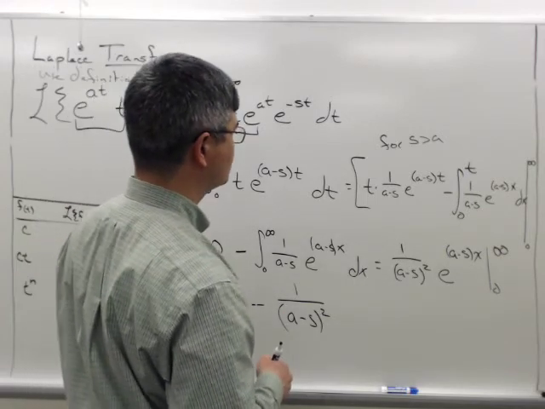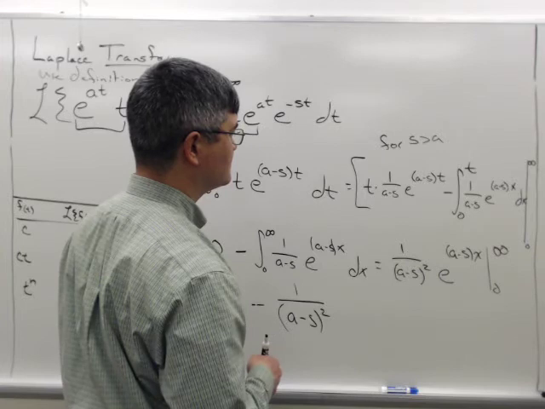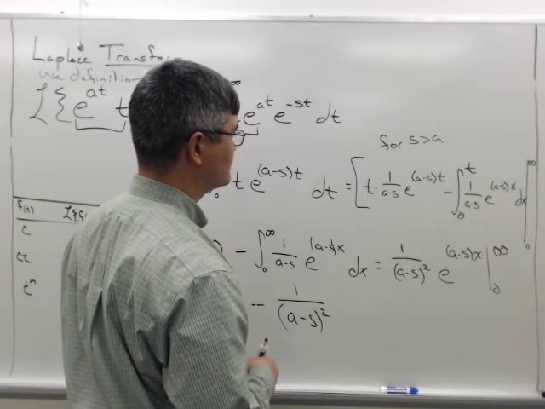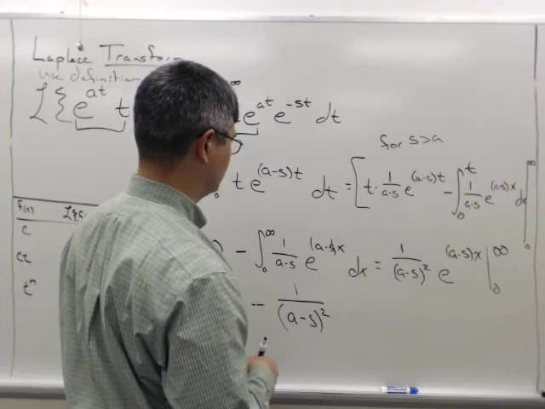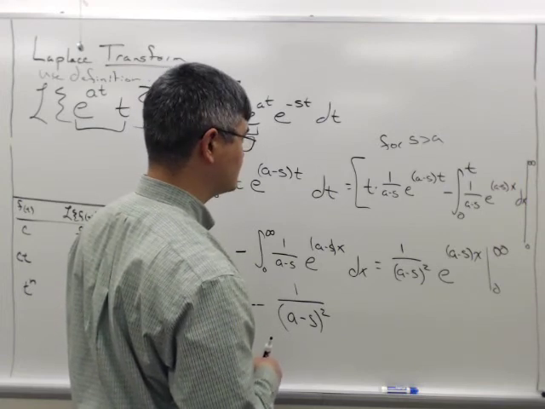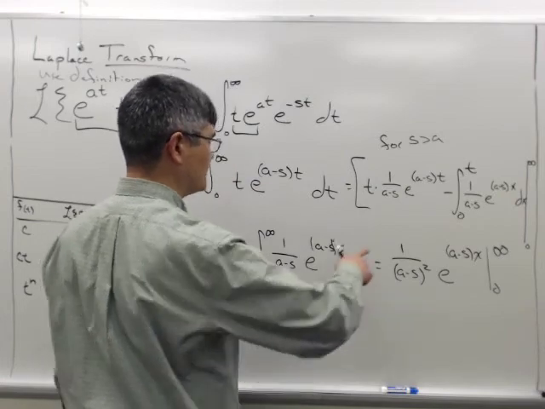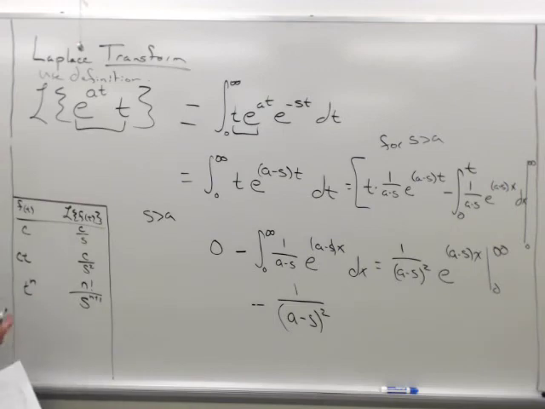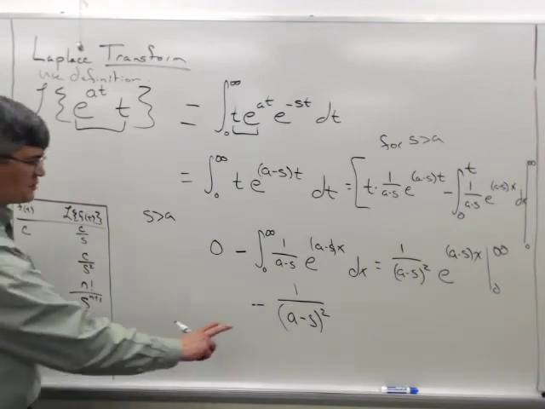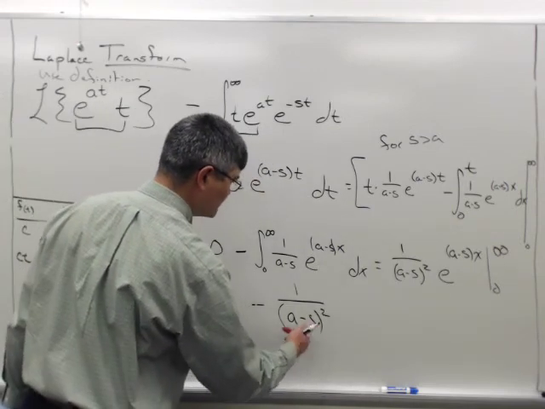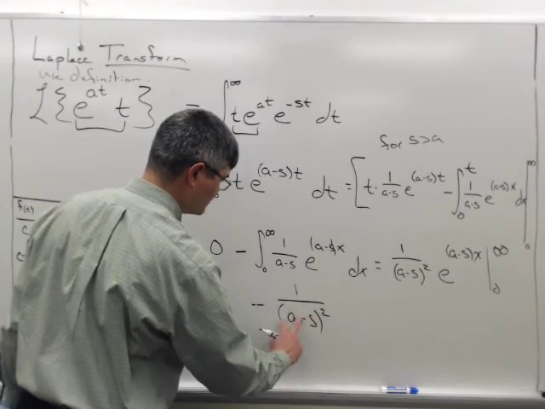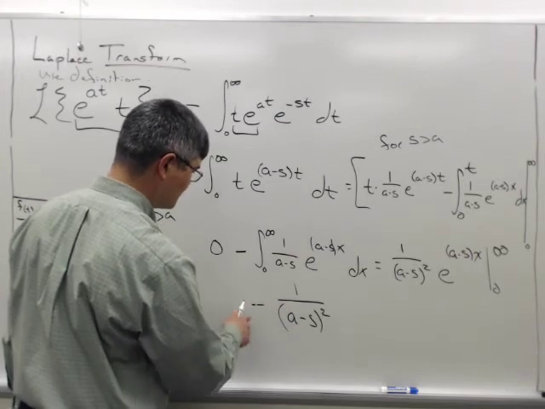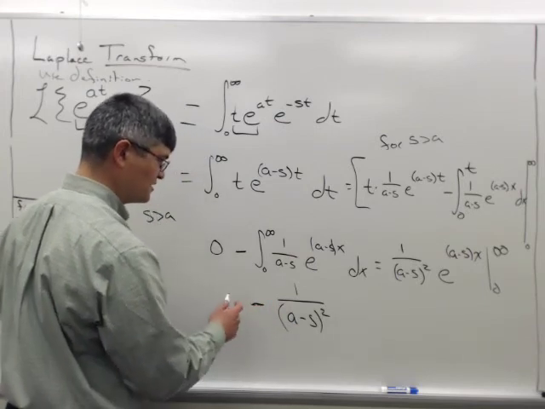Let's see. That negative sign comes right here. That looks right, but nevertheless, the order that you write this in doesn't matter because the square takes care of the sign. The question is, what happened to the negative sign? And I'll have to find that out because I'm not seeing it right now.